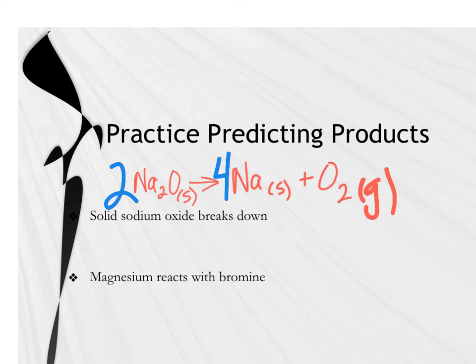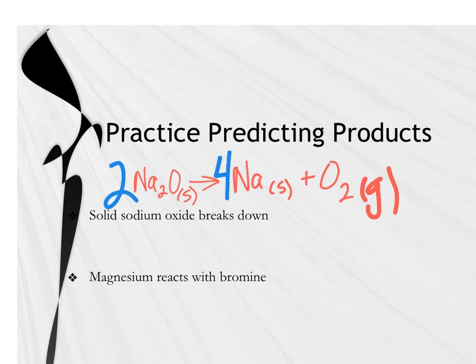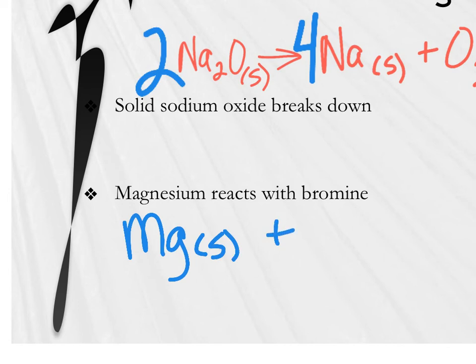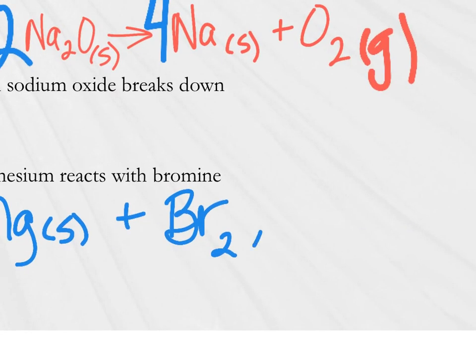All right, very last one. This one's so easy. You're going to love it. All right. Magnesium. Okay, at room temperature, it's a solid. Reacts with bromine. Okay. Bromine's one of our 7 diatomics. Remember, we made ourselves a note. Remember those diatomics, only when they're in their element state all by themselves. And bromine is one of those 2 that was a liquid.